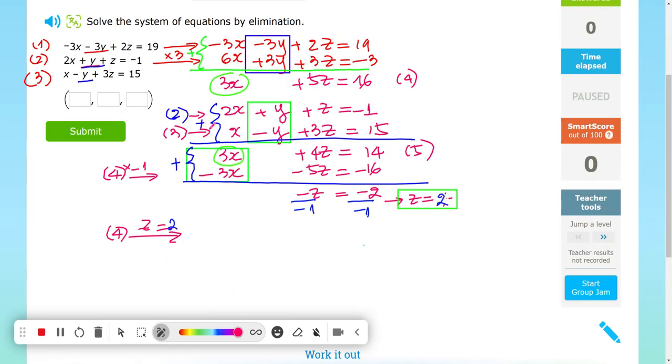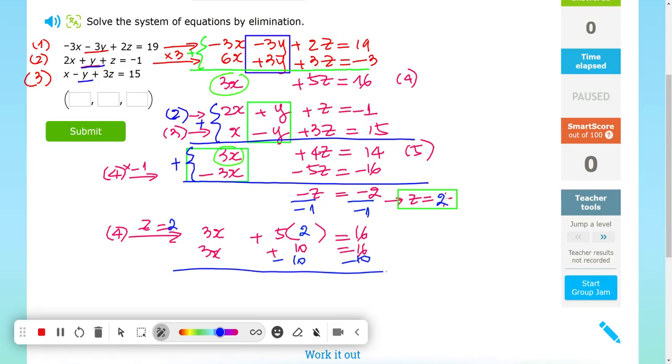Equation number 4 is 3x plus 5z equals 16, but z equals 2. So I come out with 3x plus 10 equals 16. So I subtract 10 on both sides, and I come out with 3x equals positive 6.